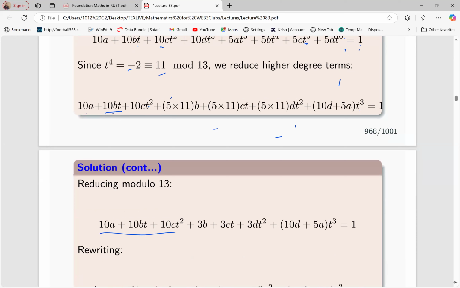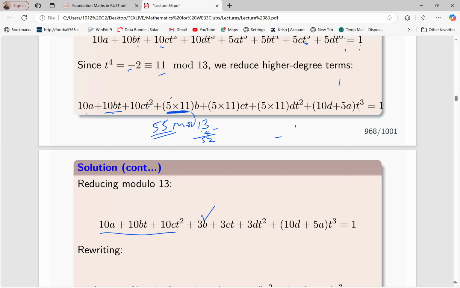But this is 55. 55 mod 13: 13 goes there 4 times, because 4 times 13 is 52, and the remainder is 3.